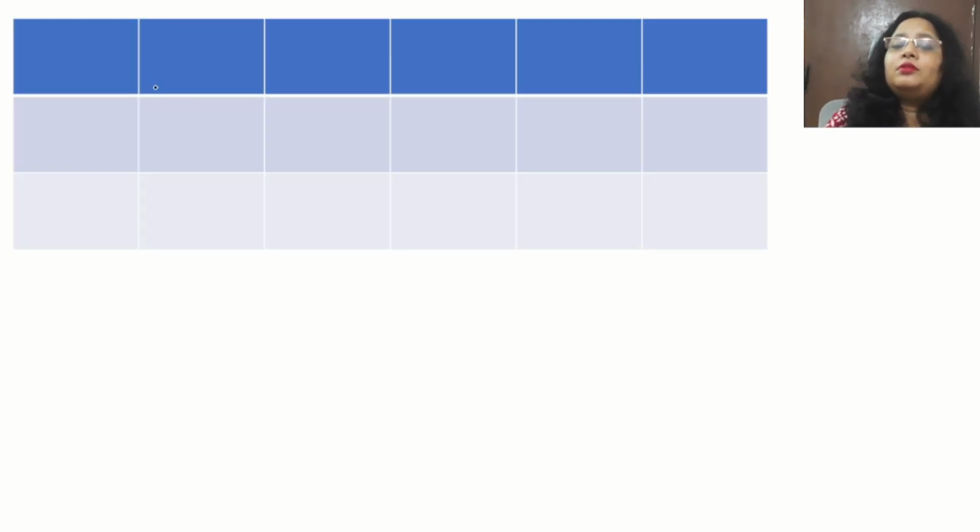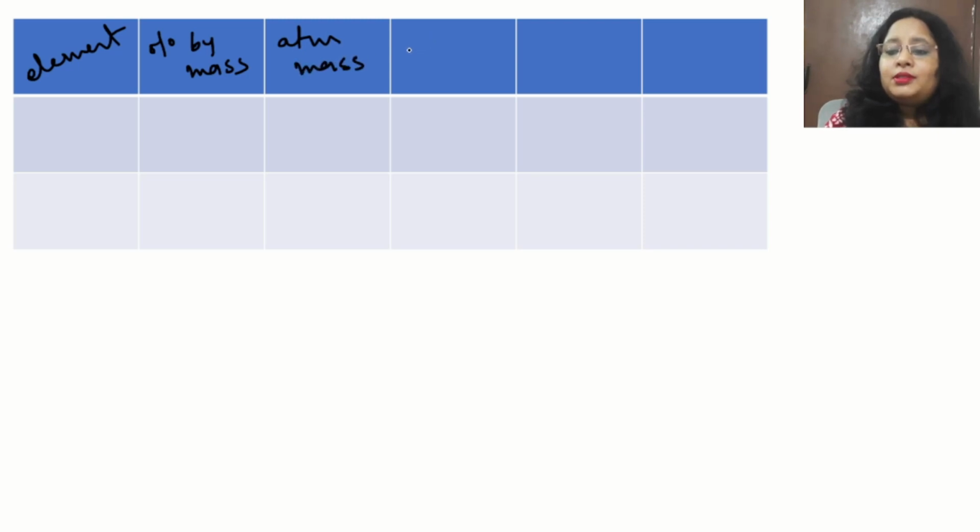So calculating empirical formula, we need a grid. So first of all, fill the grid. First column is element. Second column is percent by mass that we calculated. Third column is atomic mass of element.